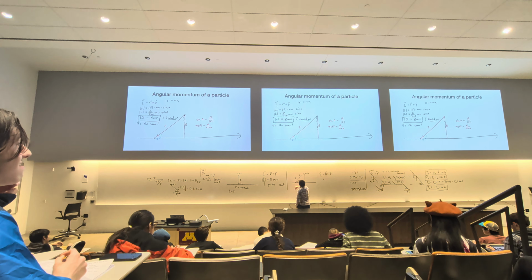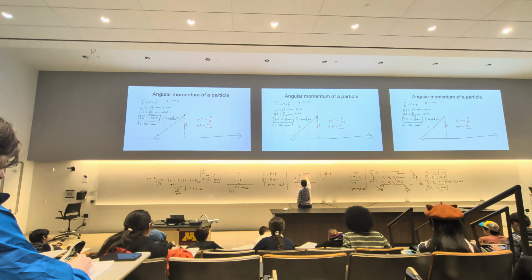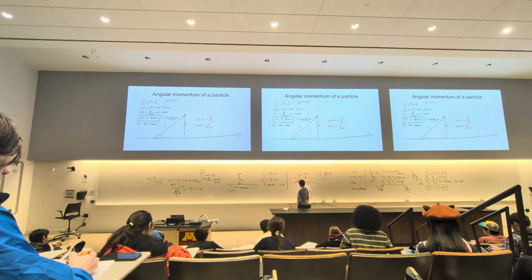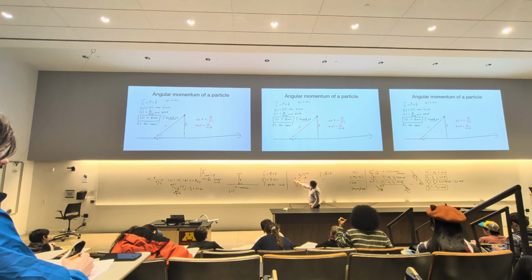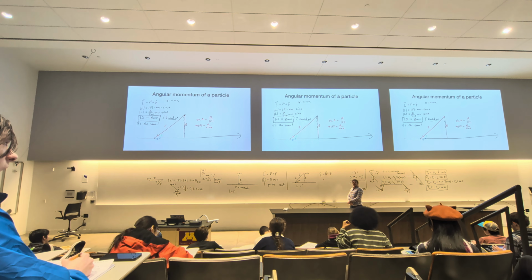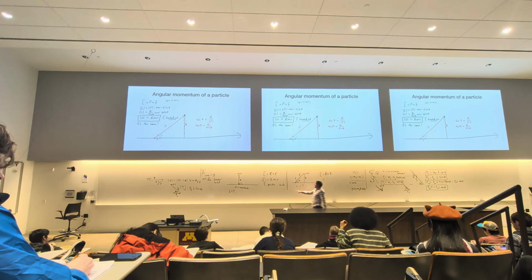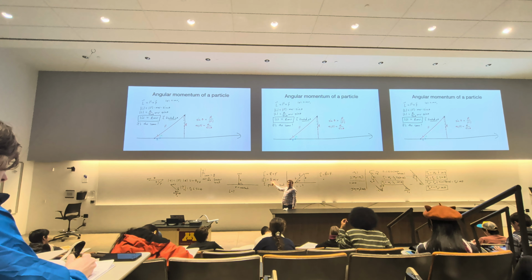Let's call this length L. This is the R vector. Sorry, this is weird notation, but let's say this length is L and this is R. So why am I doing that? It's because I want to write it in terms of the same quantities I used over here.